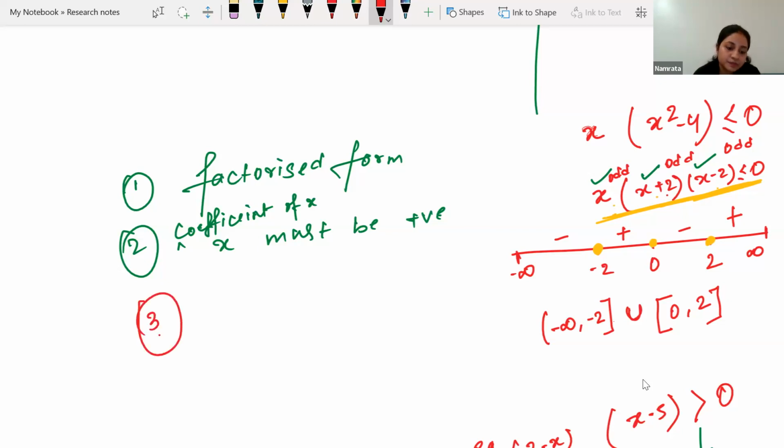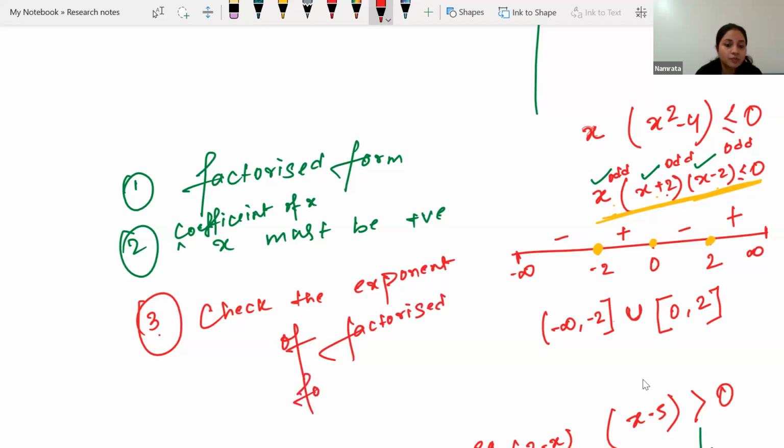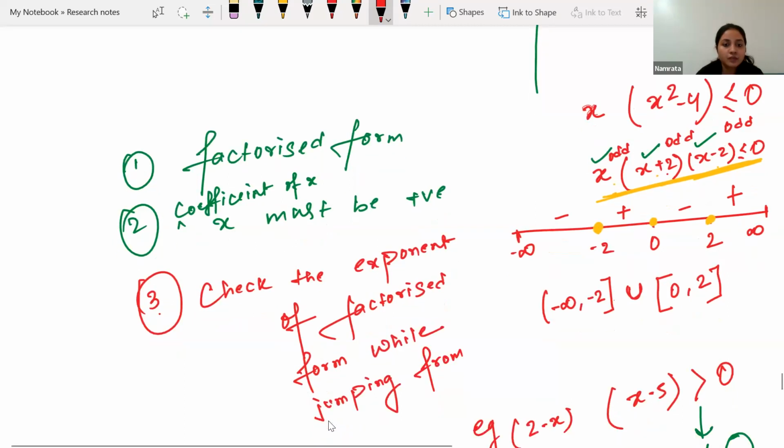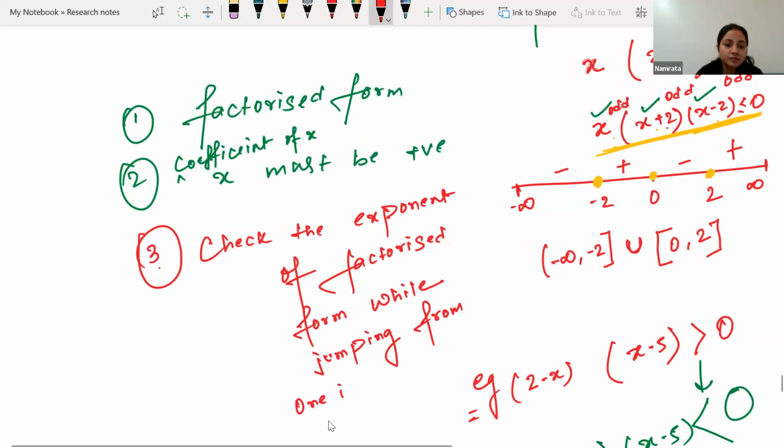Third, check the exponent of factorized form while jumping from one interval to other, and then at last just select the intervals.